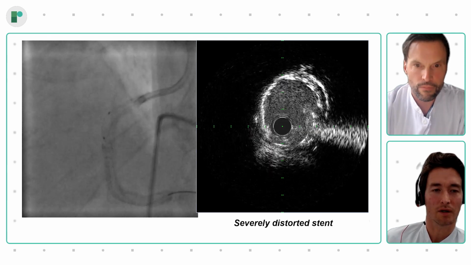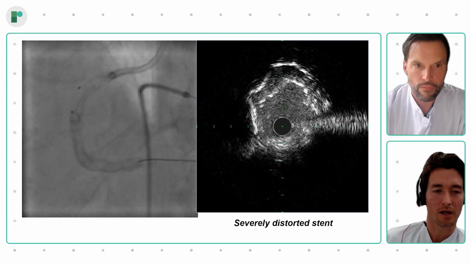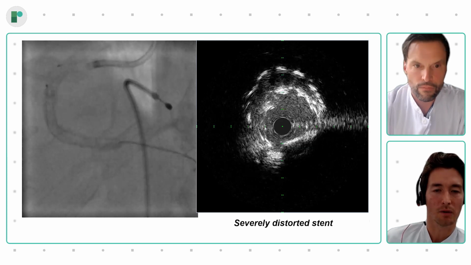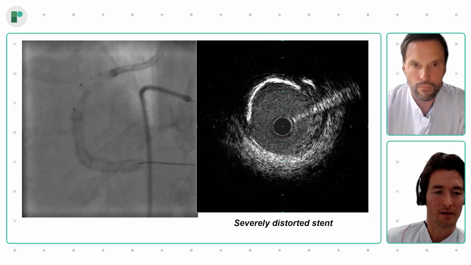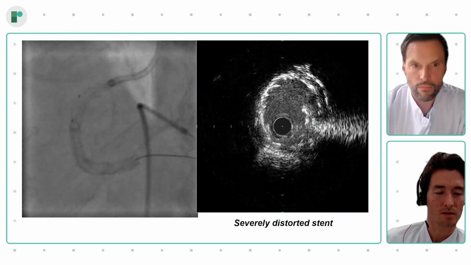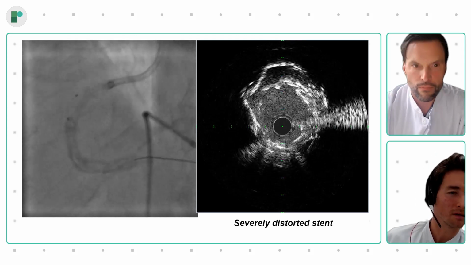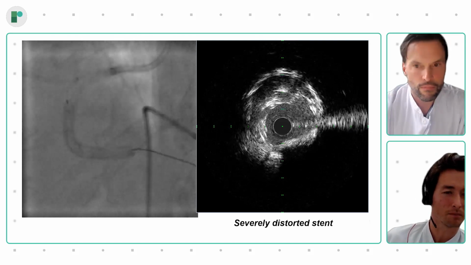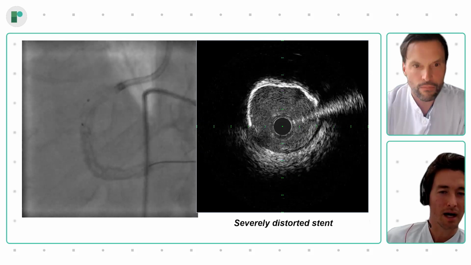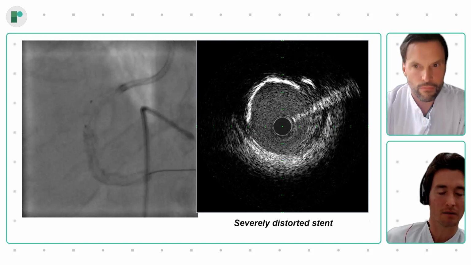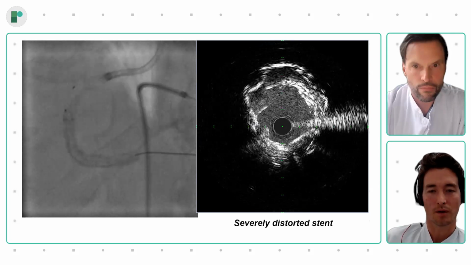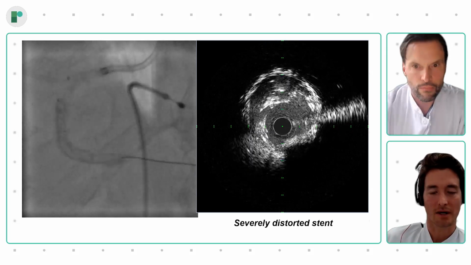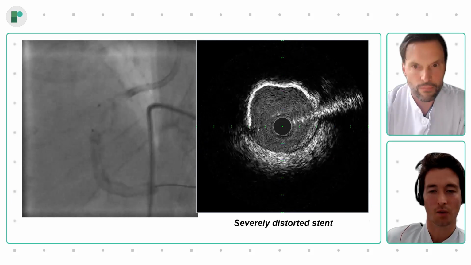But after a while, we weren't able to advance an NC balloon in order to optimize our result. And on the left-hand side, you might assume some problem, but we weren't able to really identify why we weren't able to advance the balloon anymore. And we found out in our HD IVUS a severely distorted stent.